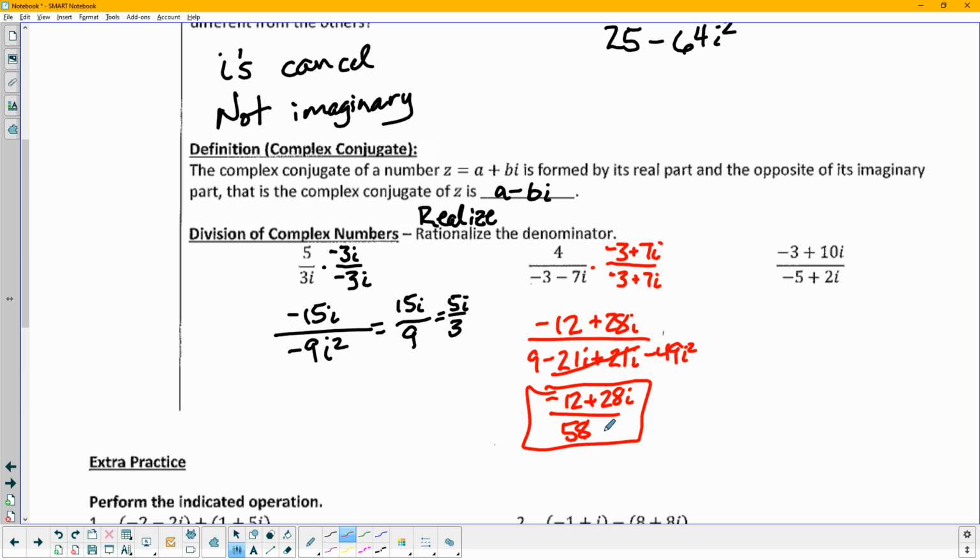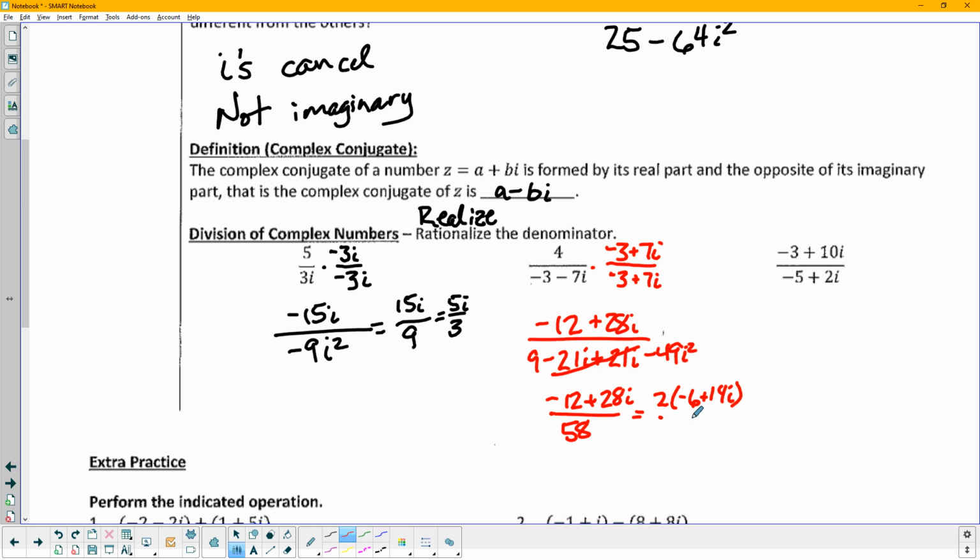And then, not that it's really the case on this one, but remember to reduce any of this, I would have to have, well, I guess I could on this one. Let's actually do that. Let's make this a little bit more simple. I'm going to factor out I think 2 is the best I can do. Yeah. I'm going to factor out a 2 from this. So I'll have -6 plus 14i.